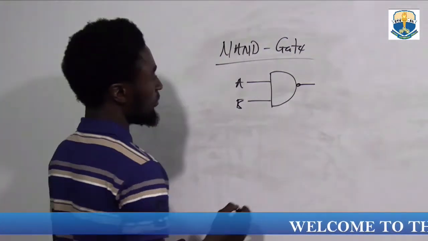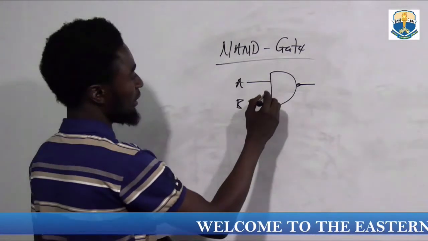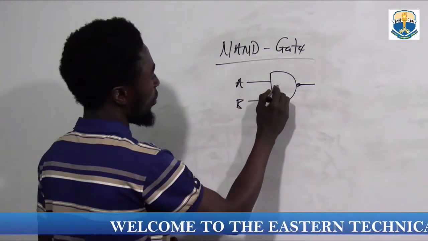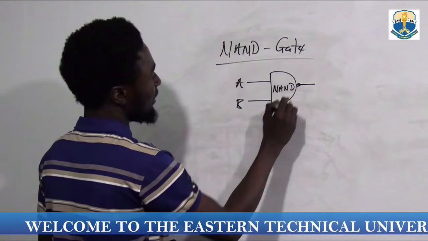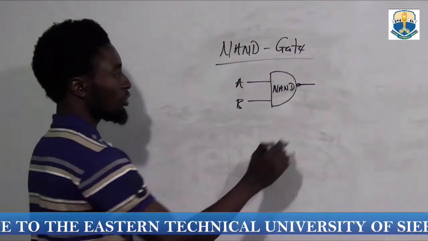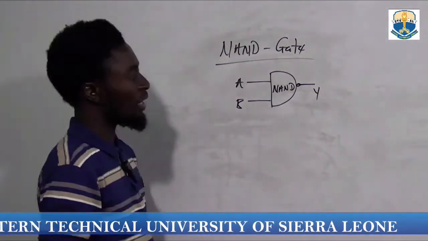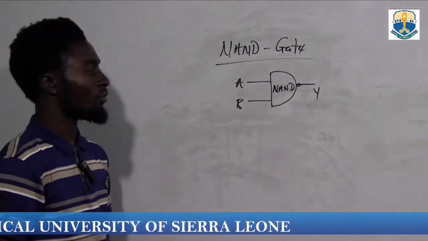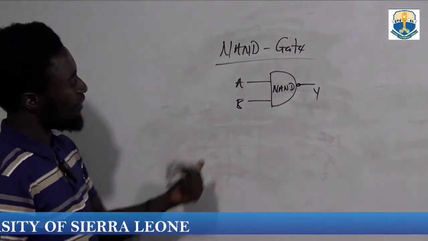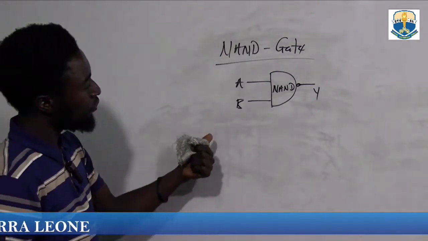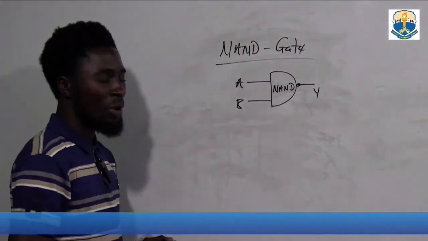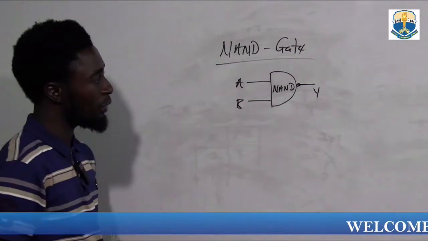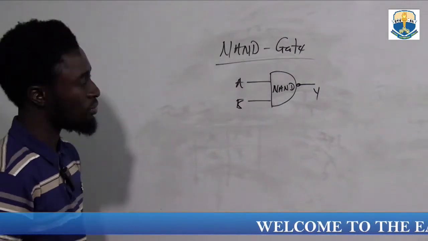We invert the AND gate so that we have the NAND gate. So of course we still retain Y to be our output. So now, having the output for the AND gate, we also invert, or we take the complement of that output. But let's see how the expression goes.